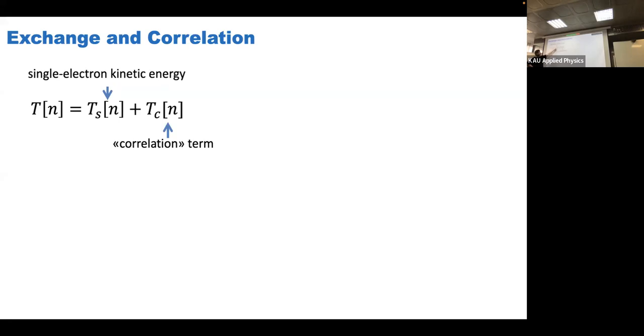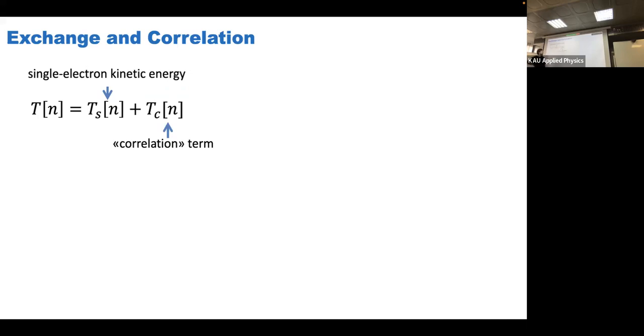It's some approximation to this functional, and we will have some correlation term. So we have this single-particle kinetic energy, and we have some kinetic energy of all the rest of the system, and we name it the correlation term.